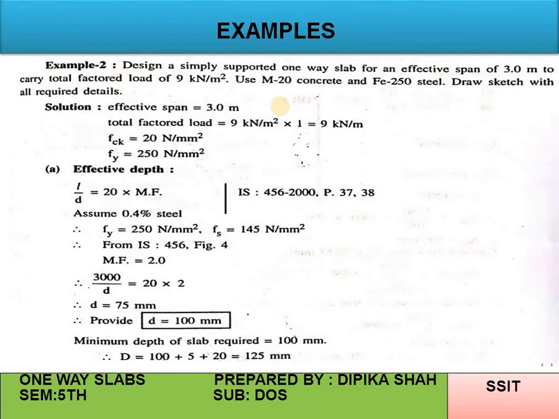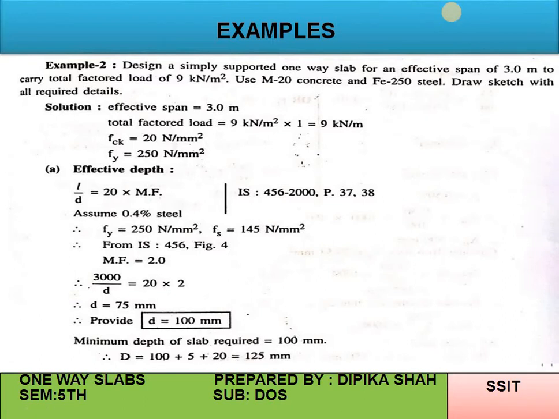As we know all the steps of design, first of all we have to calculate the effective depth. For calculating the effective depth, there is a description given in IS 456-2000 on pages 37 and 38. As per that, L by d is equal to 20 into MF. Here we have taken 20 because this is an example of a simply supported one-way slab. Assume 0.4% steel.